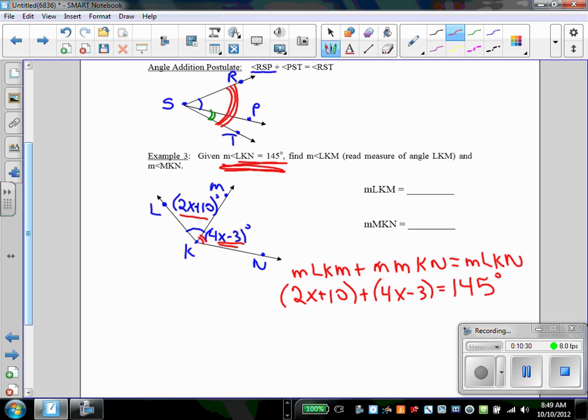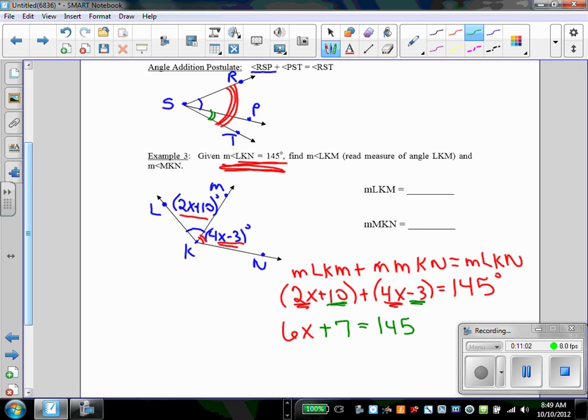So I substituted 2x plus 10 in for the measure of LKM, the 4x minus 3 in for the measure of MKN, and 145 degrees, which was given to us, in for LKN. And now I'm going to solve this. So I combine like terms. I have 2x here, 4x here, gives me 6x. I have 10 here, minus 3 here, so we have plus 7. Combine my terms, equals 145.